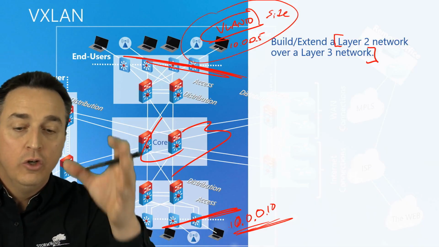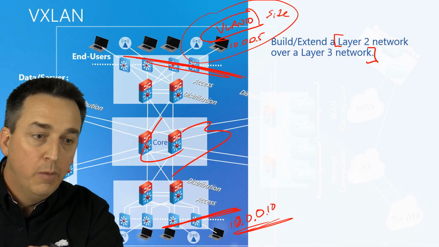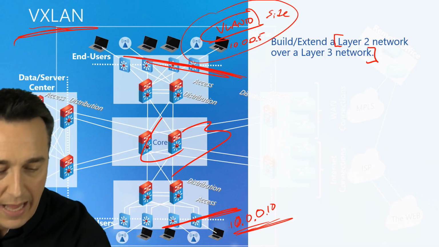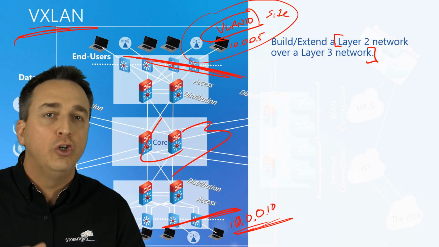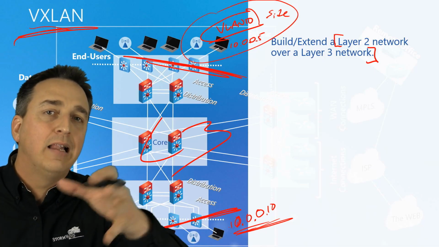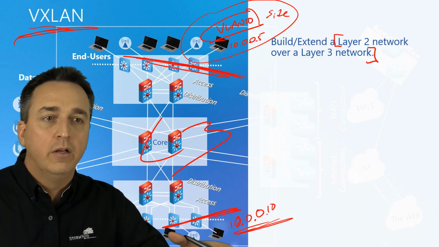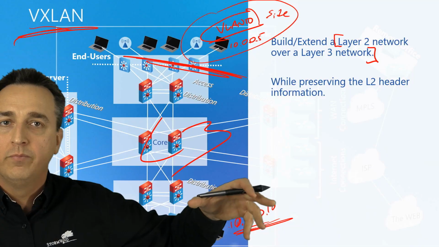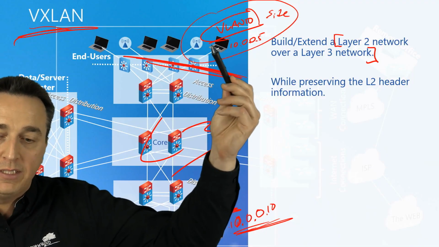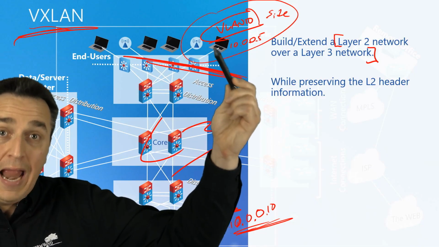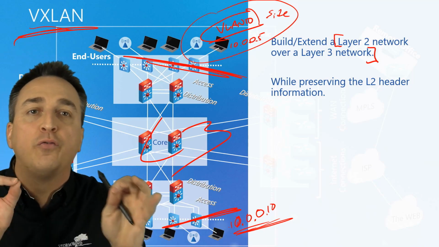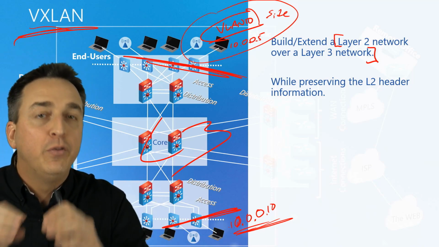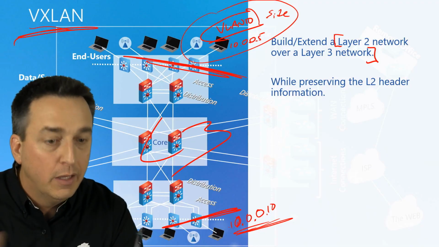I can't using LISP, but I can using VXLAN, because VXLAN will create a layer 2 tunnel over that layer 3 network, all while preserving the layer 2 header information. That's right. So when this PC builds the frame, the entire frame is preserved. Whereas with LISP, the frame is destroyed. Let me repeat that.